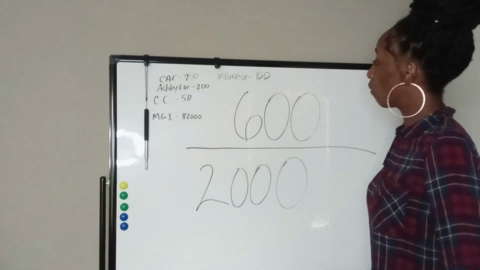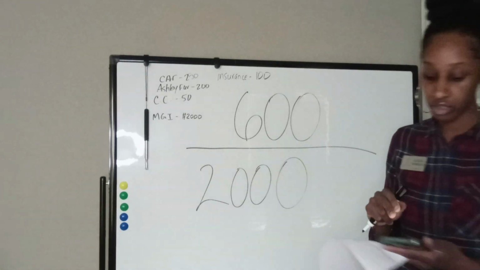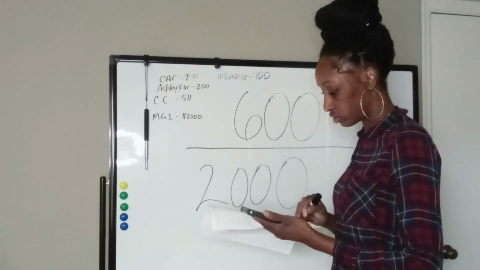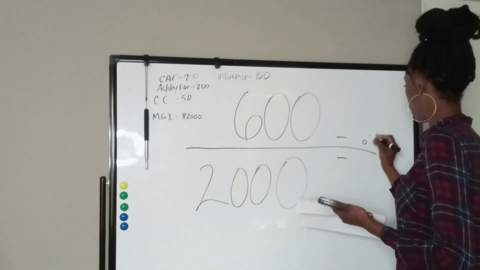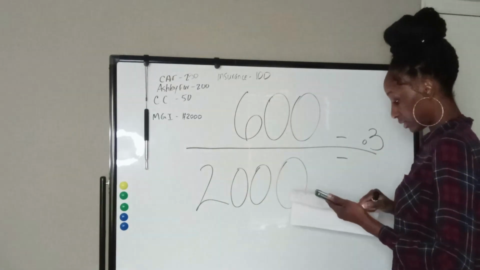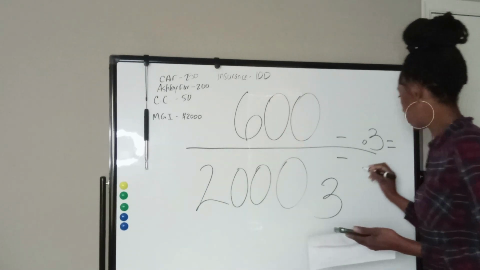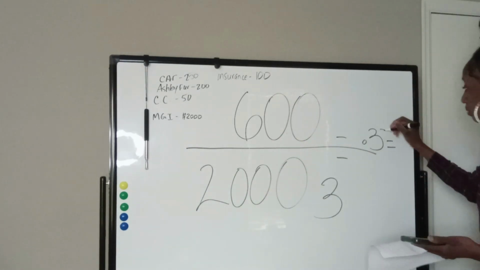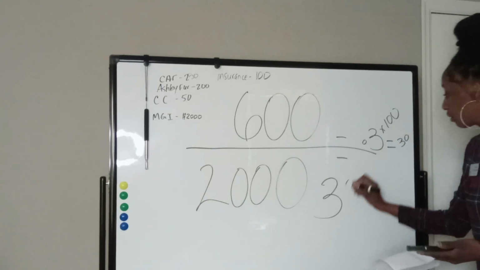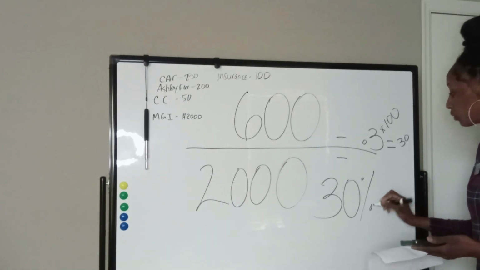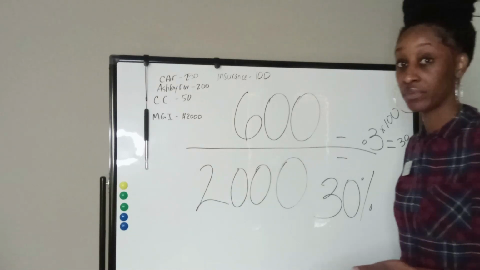In order to get my DTI, I'm going to divide 600 by $2,000, and that gives me 0.3, times that by 100. Once I got my decimal, I multiply it by 100, and it gives me 30%. So 30% is my debt to income ratio.